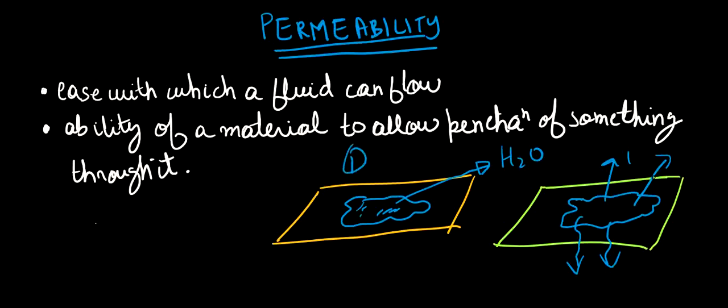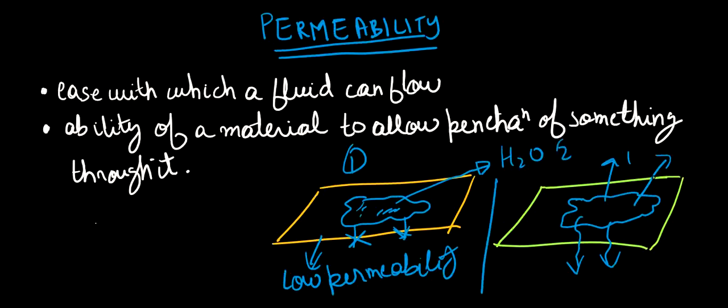In the first case, the marble flooring, the marble flooring had a very low permeability, and that is why the water was not able to percolate into the underlying layers.